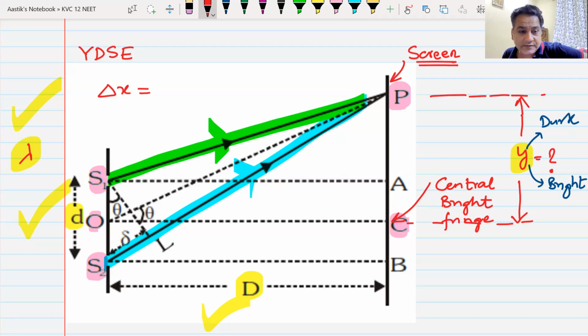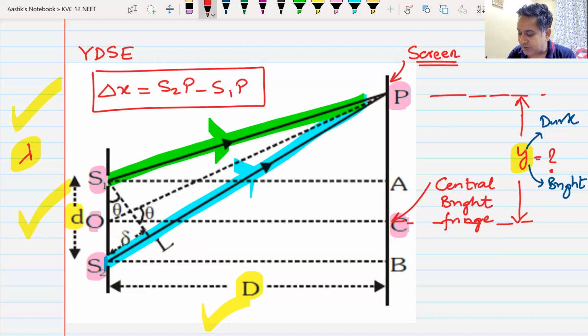It is S2P minus S1P. The bigger distance is S2P. If the point is taken above C, the lower wave will travel more. If the point is taken below C, the upper wave will travel more. I've taken the upper point, so the lower wave travels S2P and the upper wave travels S1P. Yes or no? Yes, sir.